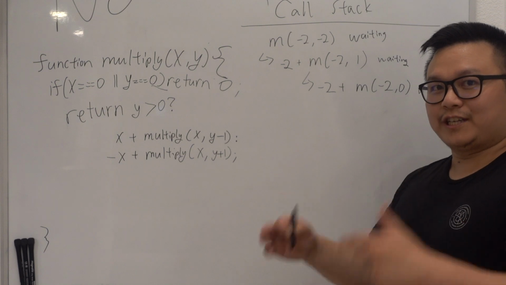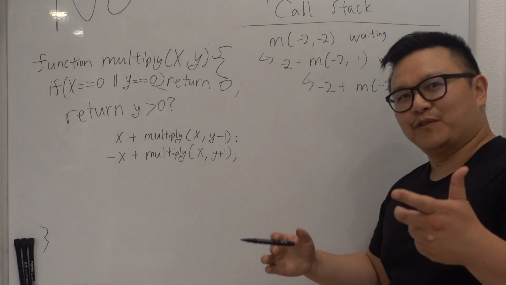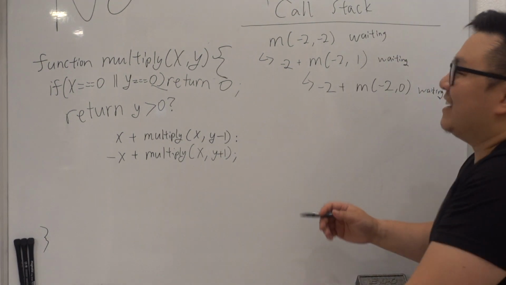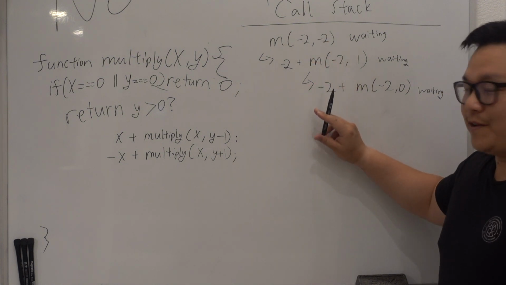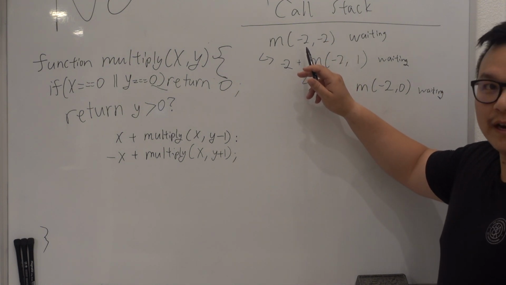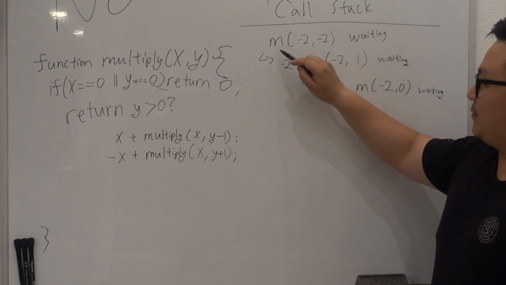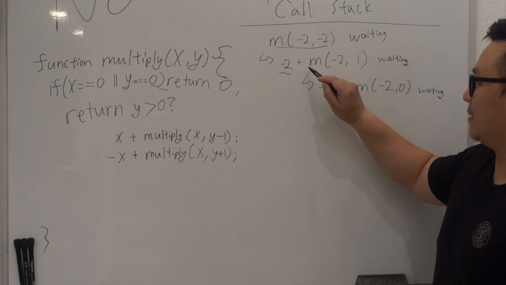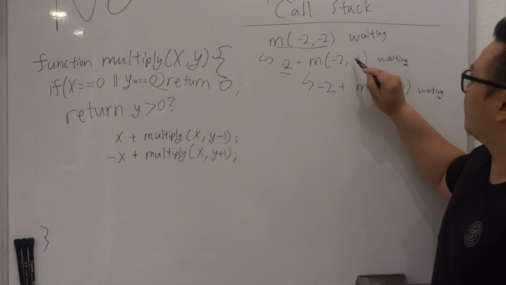Alright, for another edge case, we have x equal to a negative number. Okay, for some of you who have trust issues with me, let's say we have negative 2 as x and negative 2 as y. Then this function will return negative 2 plus the recursive function of negative 2 and negative 1, right?